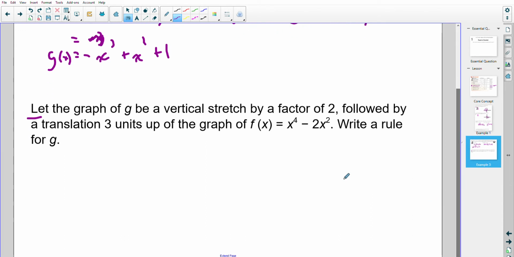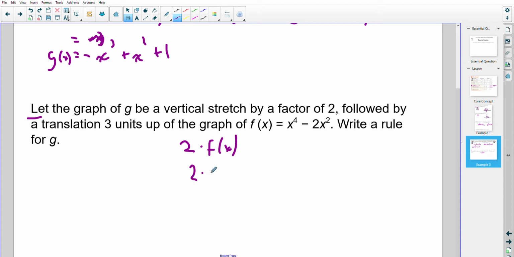Now, let's look at this one, and it talks about there's a g of x doing things from my f of x. So the whole idea is what happens to your g of x? Well, the first thing it says is it's a vertical stretch by a factor of 2. So I can say I want to take 2 times my f of x, followed by a translation 3 up.